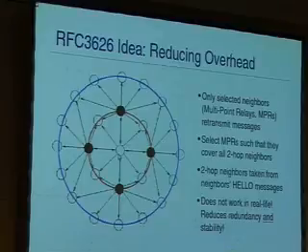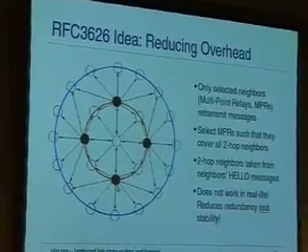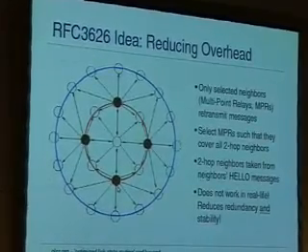So a node decides it only uses several neighbors, not all, only a subset of neighbors, and tells the neighbors to forward its topology control messages. And others that are not told to be a multi-point relay don't forward topology control messages. And it learns this from hello messages.